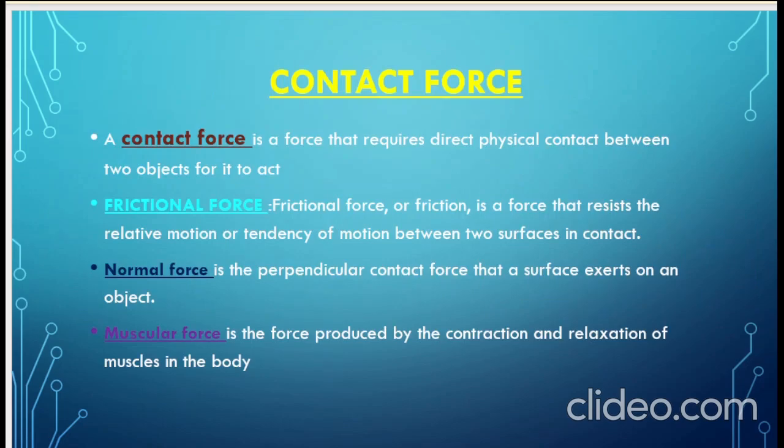Now come to contact forces. Frictional force, normal force and muscular force are called contact forces because they require a physical contact. For example, frictional force: the sole of a slipper, when it becomes old, becomes plain, there is no groove in it because of frictional force. An old tyre becomes completely clean, there are no patterns in it because of frictional force. Normal force is nothing but a perpendicular contact force that a surface exerts on an object.